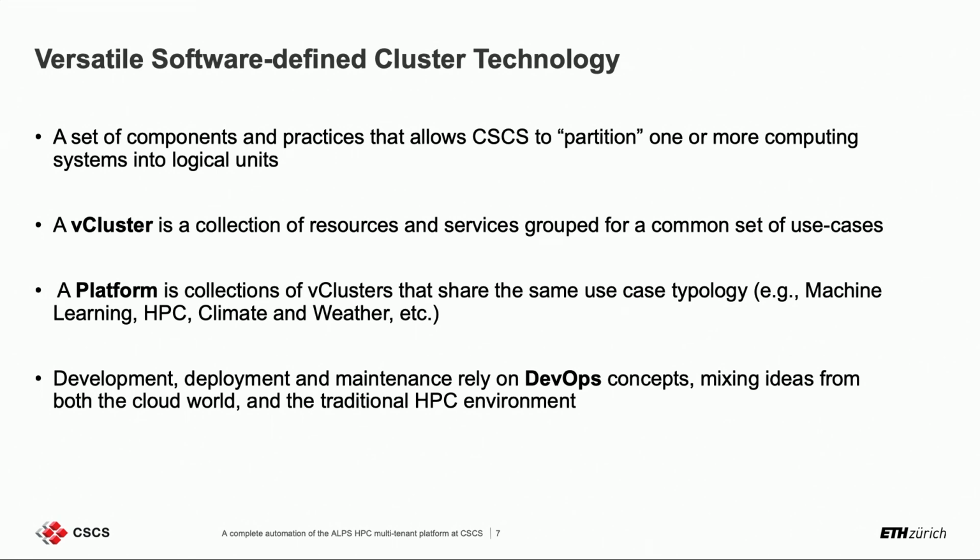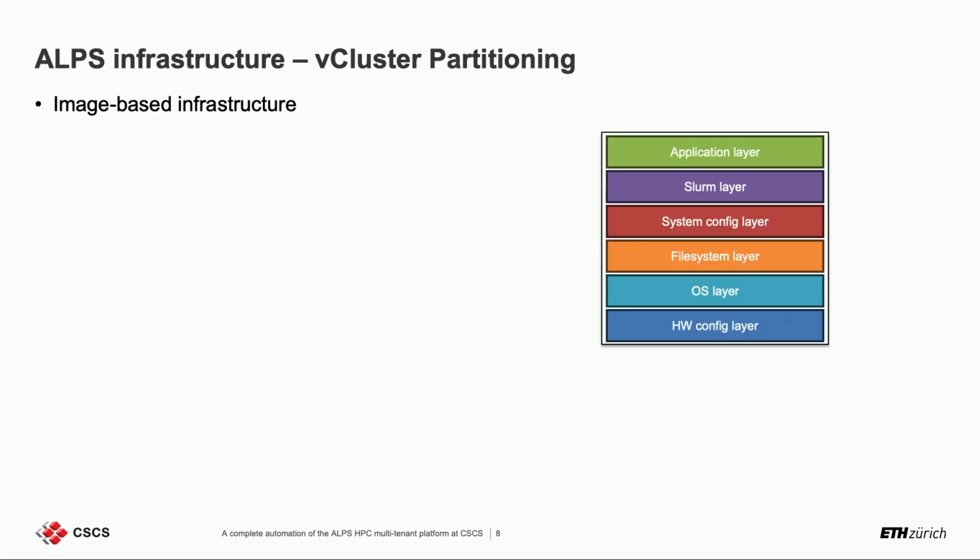This means that we would like to make flexible also the deployment and the management of the partitioning of the supercomputer itself. And how do we perform this? Well, the Alps infrastructure is what is called an image-based infrastructure, which allows us to layer the operating system image that is deployed on each node following this schema. We start with the hardware-based configuration within the operating system, and you can configure basically whatever layer up to the application level.